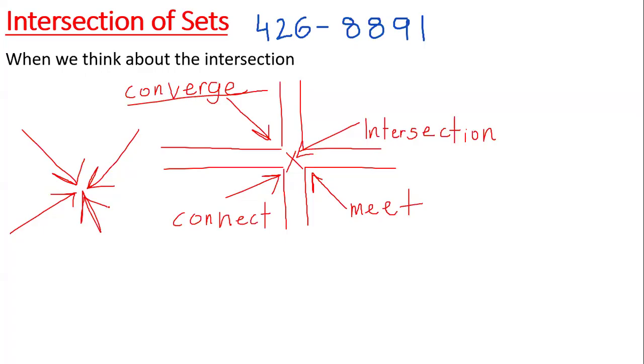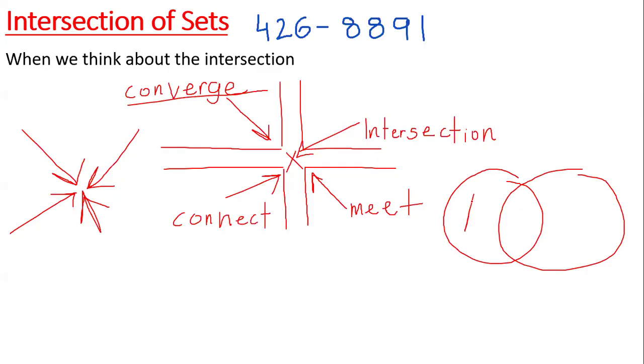So that's what we mean by the intersection. Intersection is going to be where they overlap. So if we have two sets, like this, and I say that this is A, and this is B, and this is C, which letter is the intersection? B. Very good.